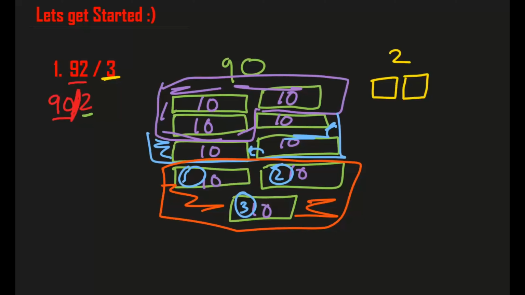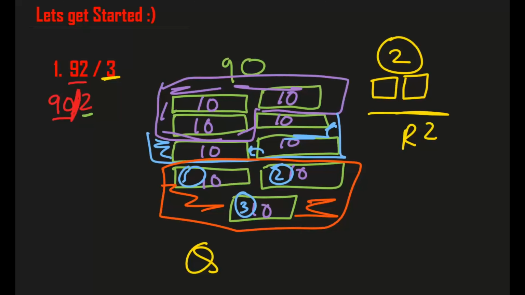Now obviously, in the 2 here, we only have 2 blocks. And 2 is less than 3, so 3 can't go into 2. So these 2 are going to be our remainders. So our remainder is going to be 2. So what is our quotient going to be?